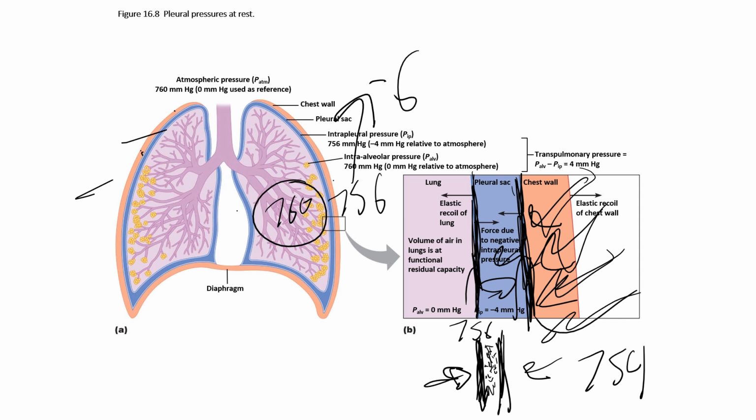Transpulmonary pressure has decreased from -6 to -4. There's not as strong of a pressure gradient between the air in the alveoli and the air in the pleural cavity. So what is that going to mean? And I'll draw you a different image to explain this.